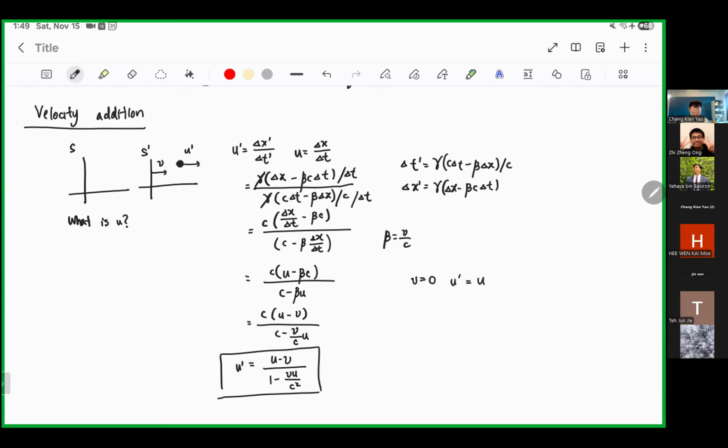That makes sense, because if S prime is not moving, then obviously they will see the same velocity. I guess this is fine. You can do some other sanity checks yourself after.